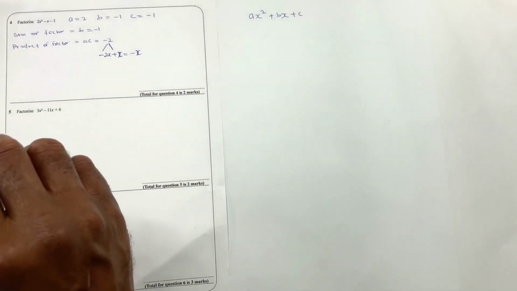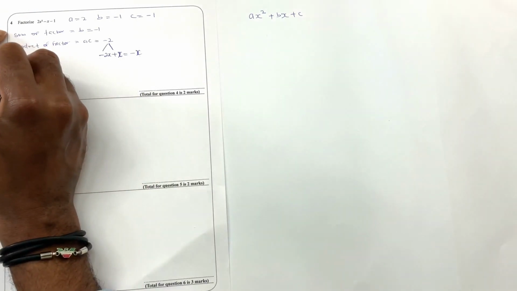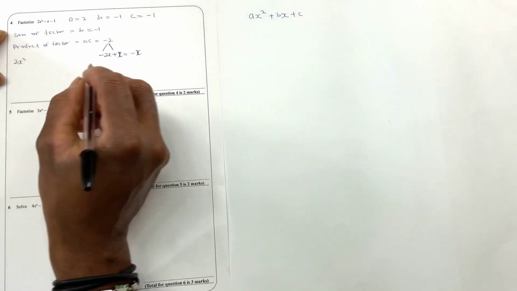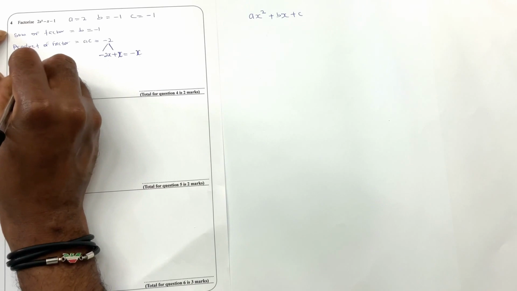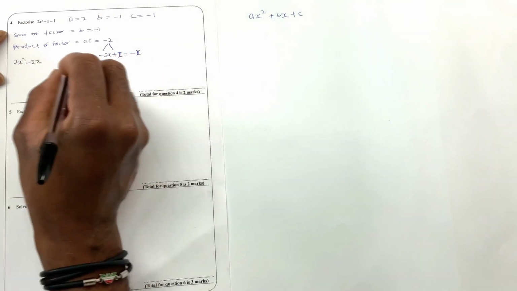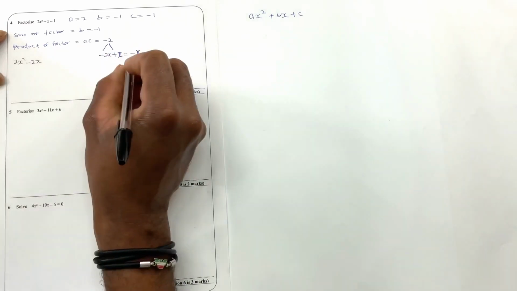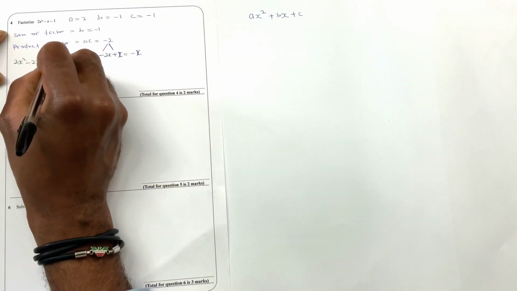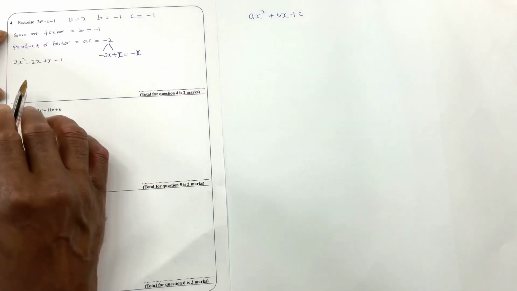So now what I'm going to do is write 2x squared minus 2x, and then I'm going to write plus x minus 1.